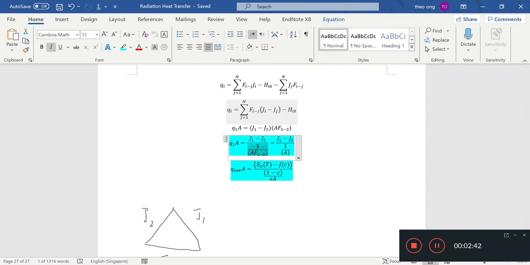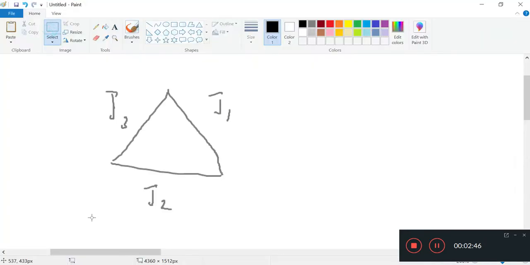I'm trying to give you an intuitive explanation on that. So let's say you have this surface and this surface, S1 and S2. The amount of heat transferred from S1 to S2 will be dependent on the view factor, right? And if S2 is a certain size, the view factor is a certain amount.